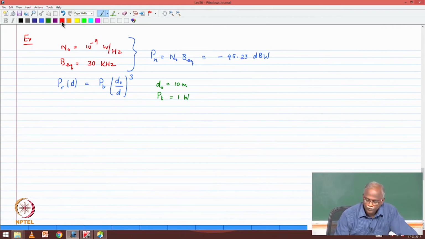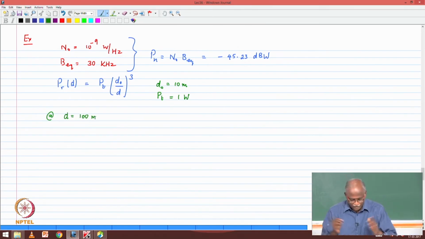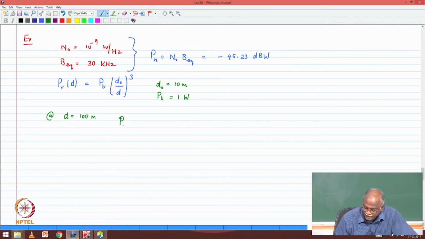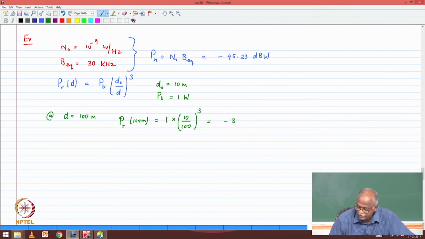Now a simple calculation: I want to know what my SNR is at d equal to 100 meters. I would expect that you would be able to do this very easily. First I need to compute the received signal power PR at 100 meters, that would be 1 watt times (10 divided by 100) raised to the power 3, which in dB is minus 30 dBW.